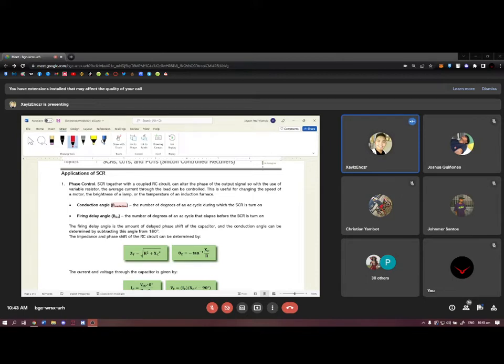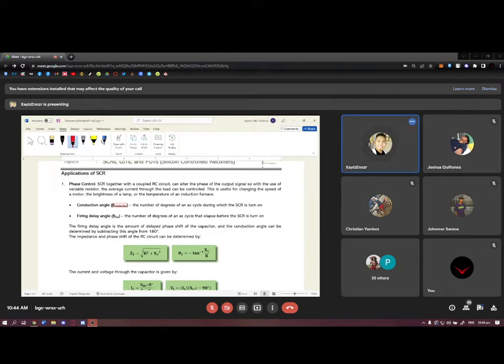Okay? So the firing delay angle is the amount of delayed phase shift of the capacitor, and the conduction angle can be determined by subtracting this angle from 180 degrees. So the impedance and phase shift of the RC circuit can be determined by the total impedance.